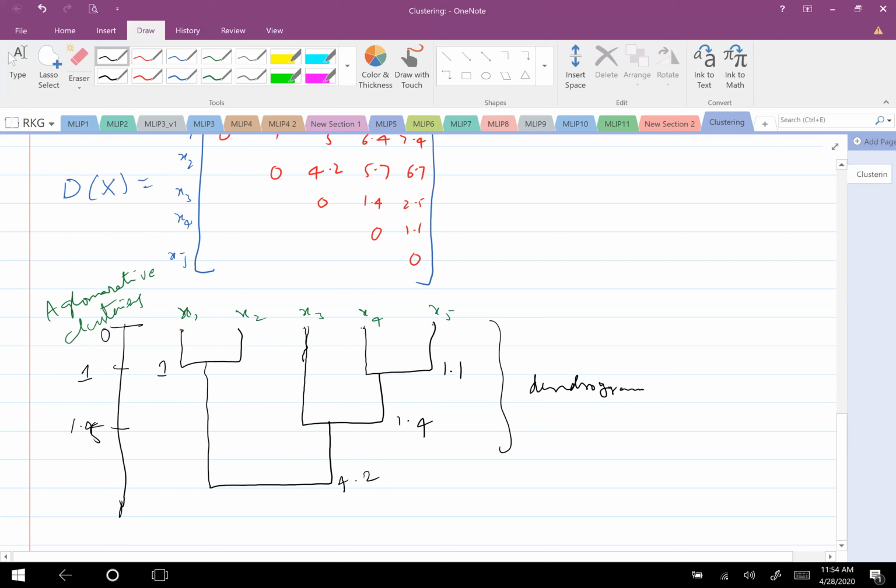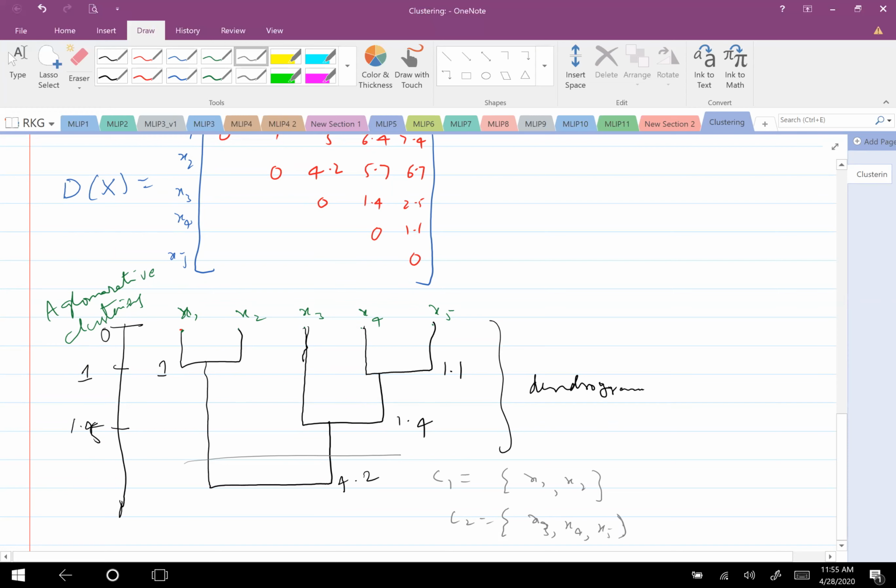So this is referred to as a dendrogram. The advantage of forming this dendrogram is that I can break at any location. If I break here, I will get two clusters, C1 being X1, X2 and C2 being X3, X4, X5.